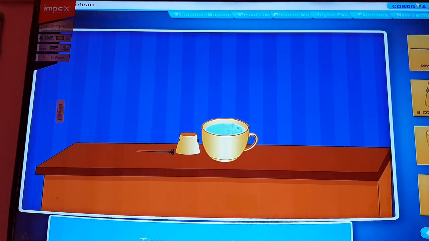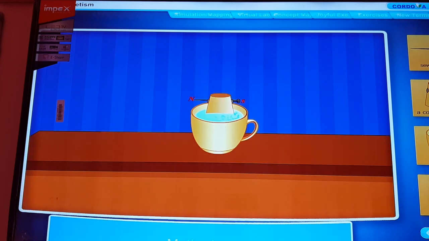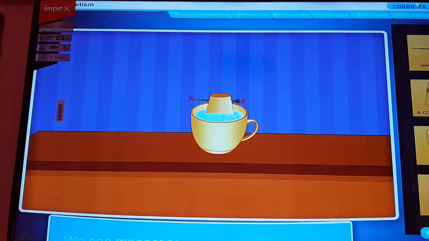Things needed: a sewing needle, a bar magnet, a cork, a cup and a rubber. Method: we can magnetize a sewing needle using a bar magnet. Pass the magnetized needle through a small piece of cork or rubber. Float this cork containing the magnetized needle in a cup containing water. Make sure that the needle does not touch the water.